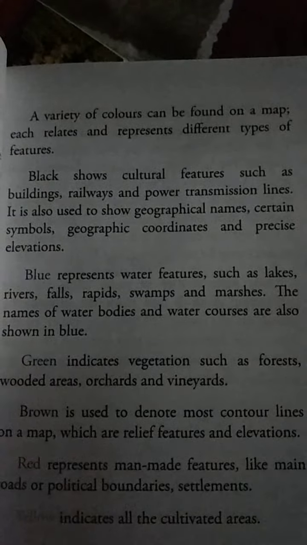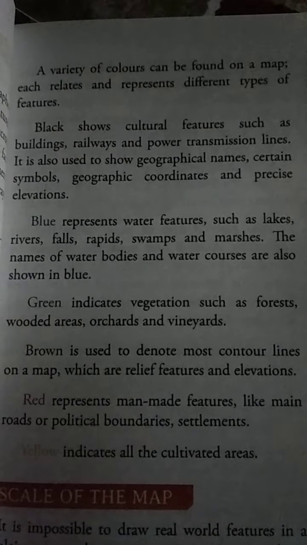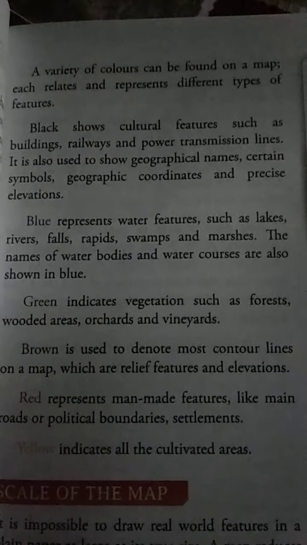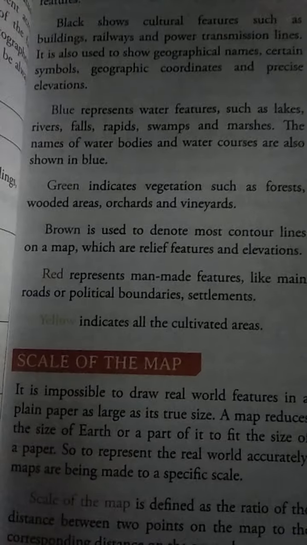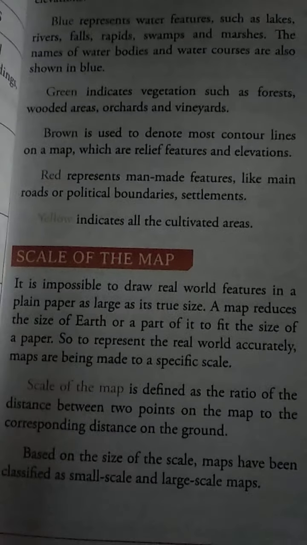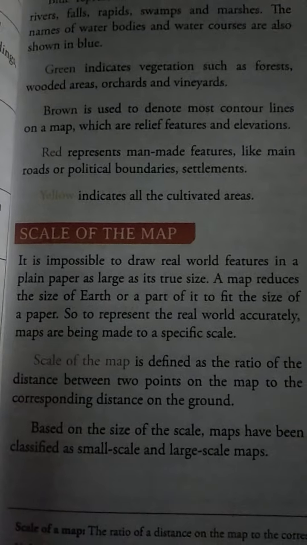Lastly, yellow indicates the cultivated areas of a land. The variety of colors can be found in a map, and so this helps us to understand the map quite a bit.